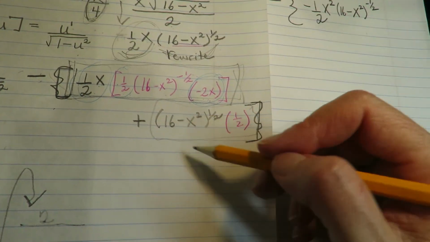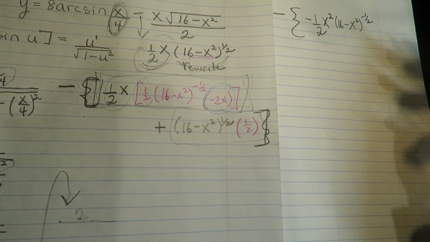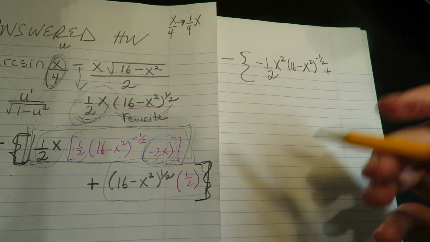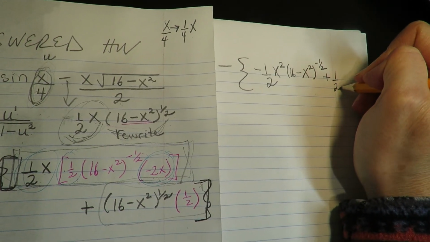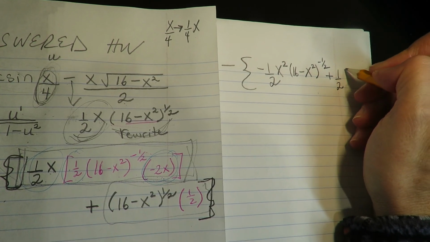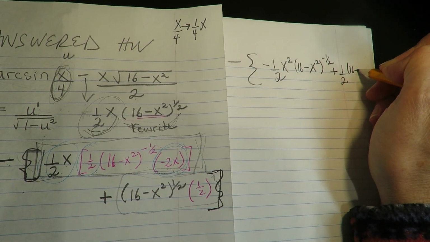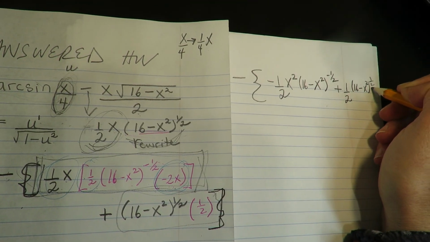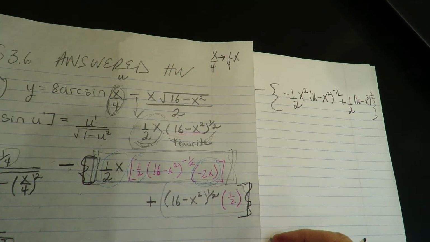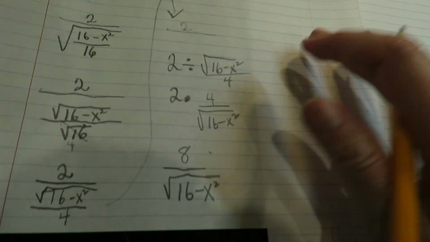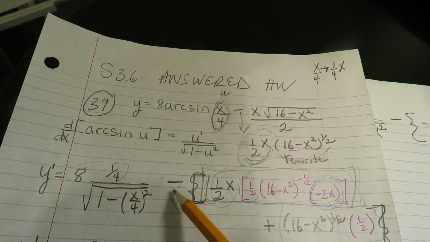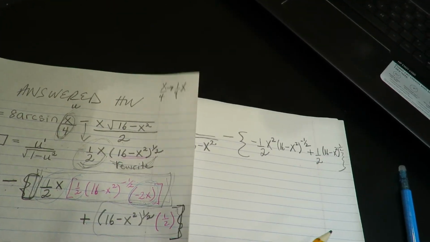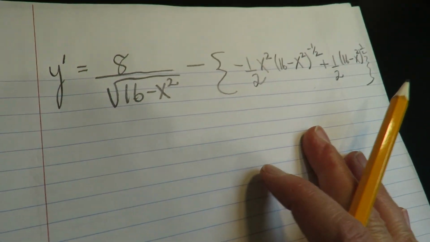Now I'm going to see if there's anything I can do here. I can't do anything here, so I'll put plus. I'm just rewriting this, just putting the 1/2 in the front, 1/2 times 16 minus x squared to the 1/2. And that's everything in the braces, okay? So I've pulled this guy over, I pulled the minus over, I squished this and plus this. So it's all over here now, believe it or not.